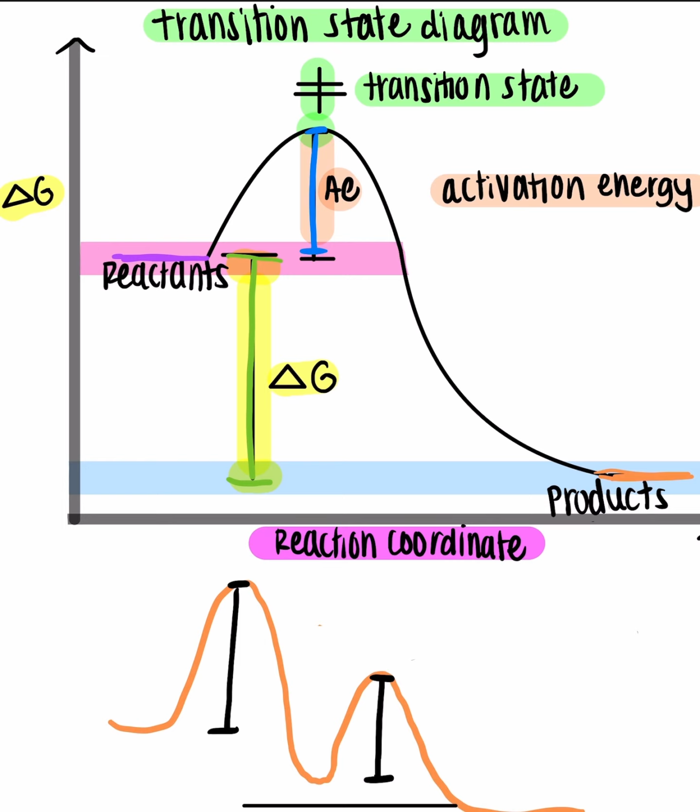I just wanted to make a side comment, because sometimes students get confused. For example, if we were talking about enthalpy and delta H, we would say a reaction is exothermic or endothermic. So this is where that comes from. If you replace the delta G with a delta H, the reactant is here on the top, the product is here on the bottom, you're going down, it's negative, it's exothermic.